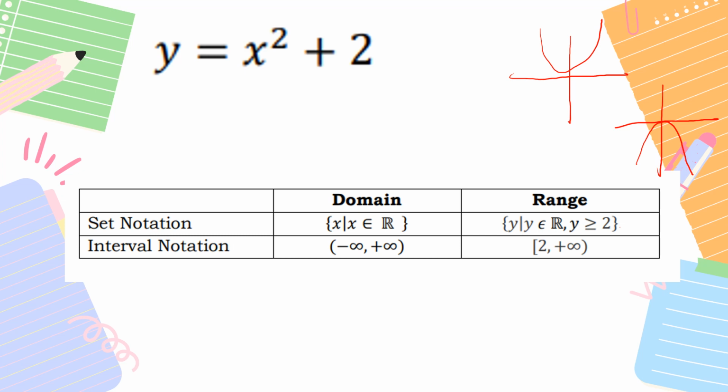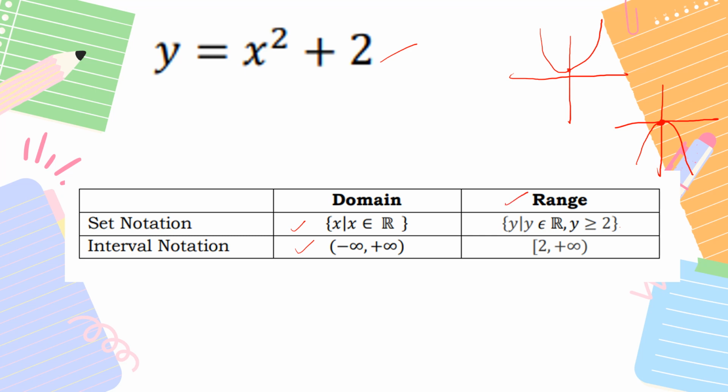When the parabola opens upward, the minimum point is this one. While if it is a parabola that opens downward, we have the maximum point, the highest point of the parabola. So, since we have this kind of graph under quadratic function, the domain is x such that x are elements of real numbers, and in interval notation, negative infinity up to positive infinity.